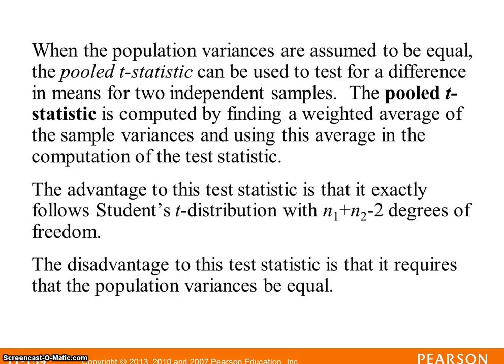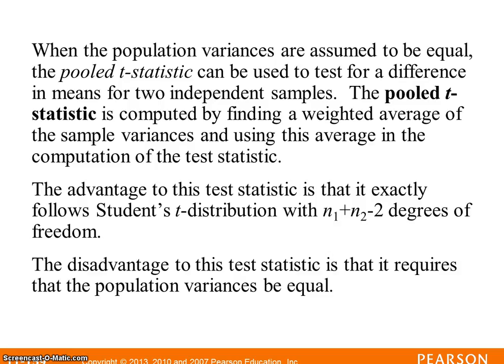When the population variances are assumed to be equal, the pooled t-statistic can be used to test for a difference in means for the two independent samples. The pooled t-statistic is computed by finding a weighted average of the sample variances and using this average in the computation of the test statistic.